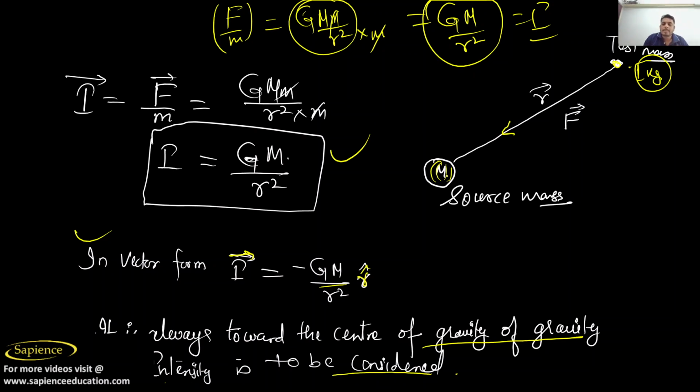For example, if I am considering this mass and I want the intensity due to this mass, then the direction of intensity will be toward this mass only. So this is what I am talking about, the intensity of the gravitational field.